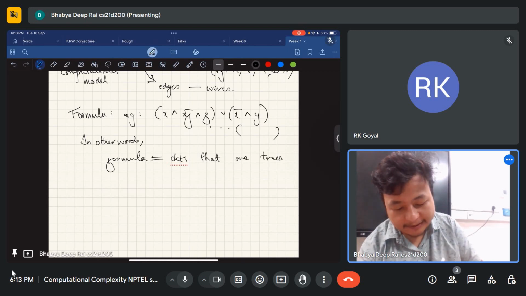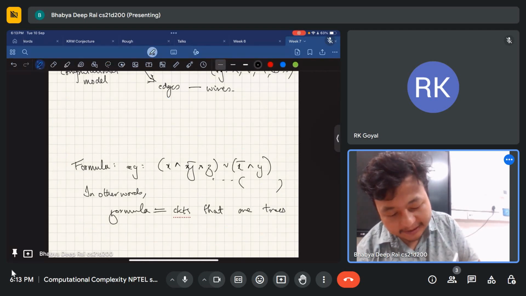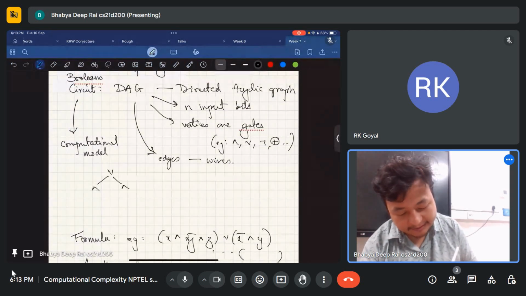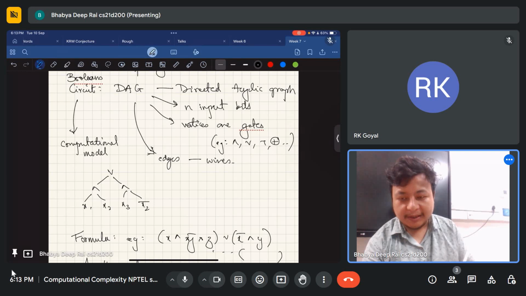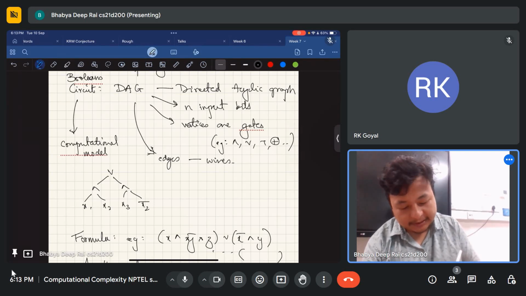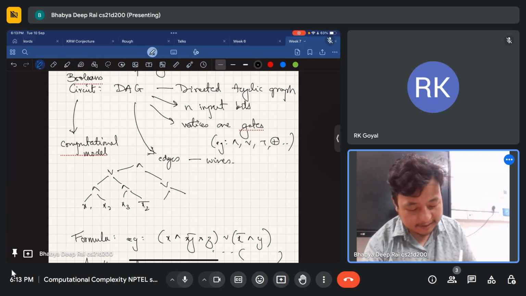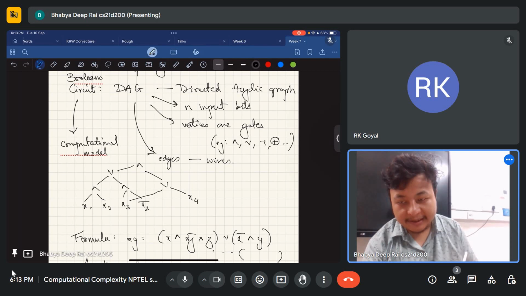I forgot to give you an example of circuits. A circuit looks something like this: an OR, and then an AND, and then x1, x2, x3, x2 bar, let's say, and here another AND, here is an OR gate, and here is x, here is x4.